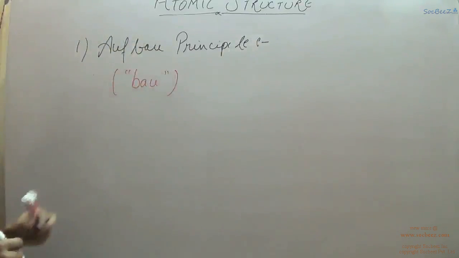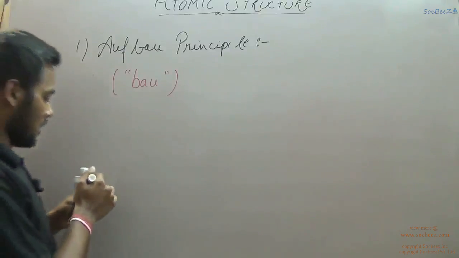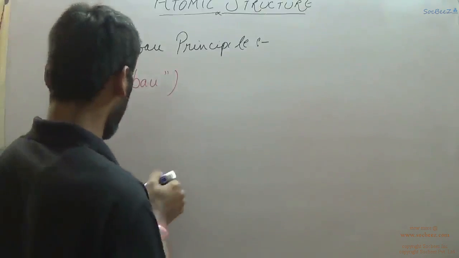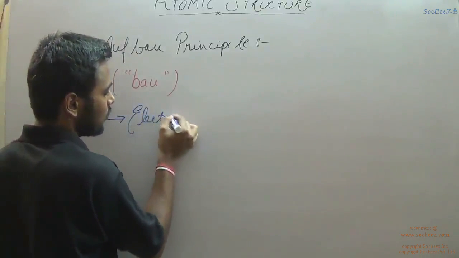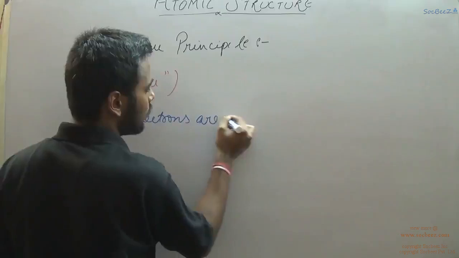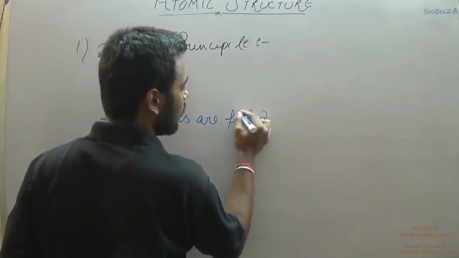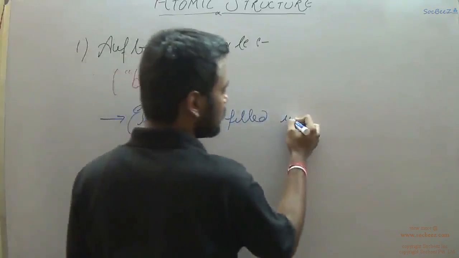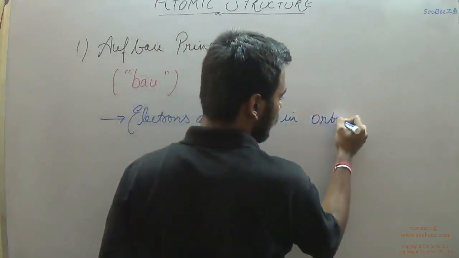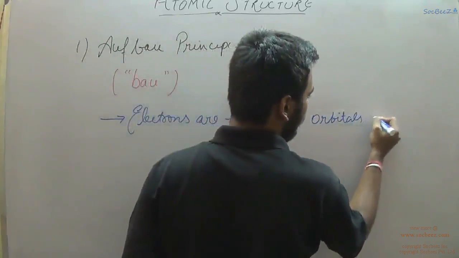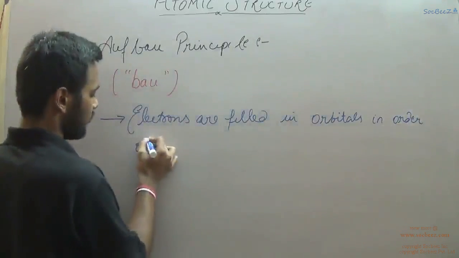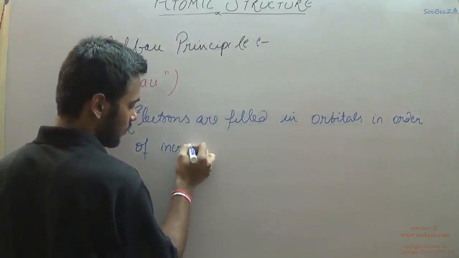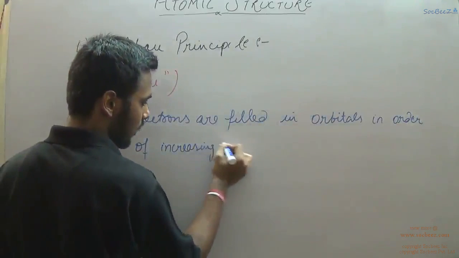Okay, so this principle says that electrons are filled in orbitals in order of increasing energy.